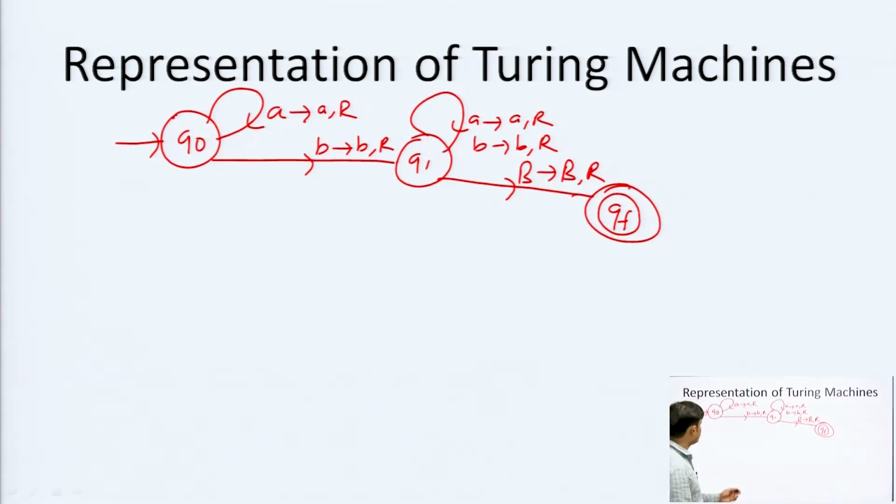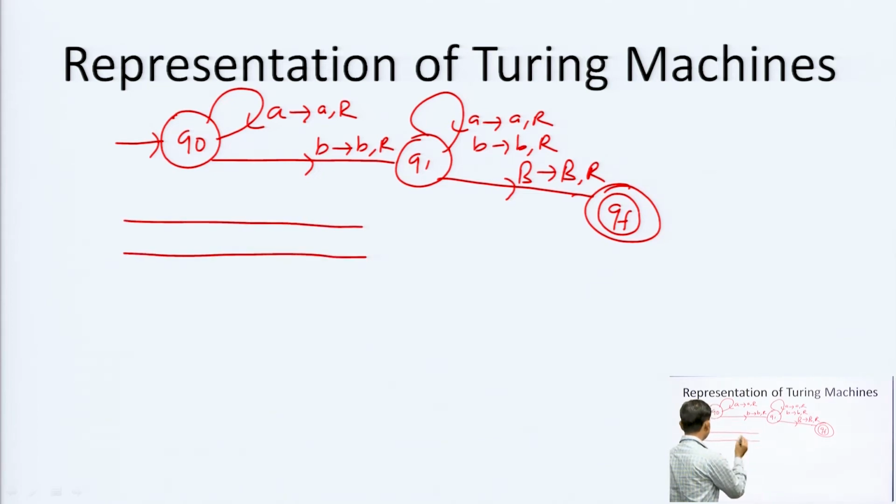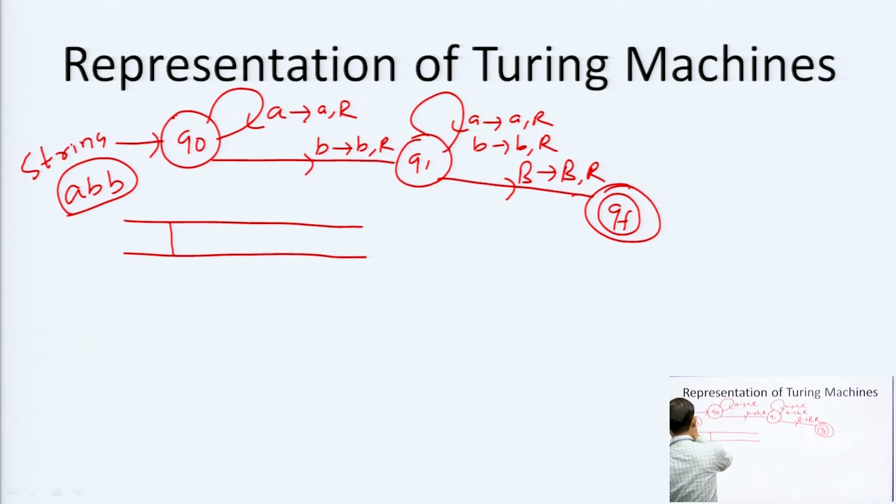So now you take an input tape. Suppose we take the example string A, B, B. So now we have A, B and B, and on both sides you can assume blank; you can write it or you can leave it empty.